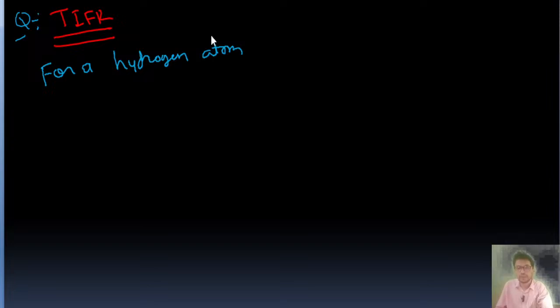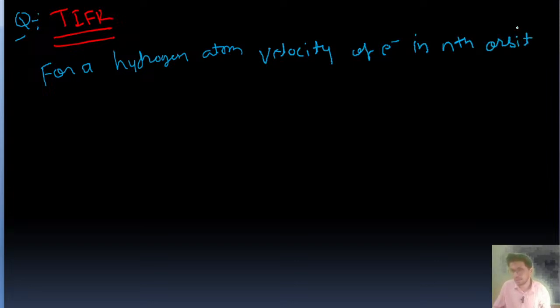The question is, for a hydrogen atom, the velocity of electron in nth orbit is Vh, okay?